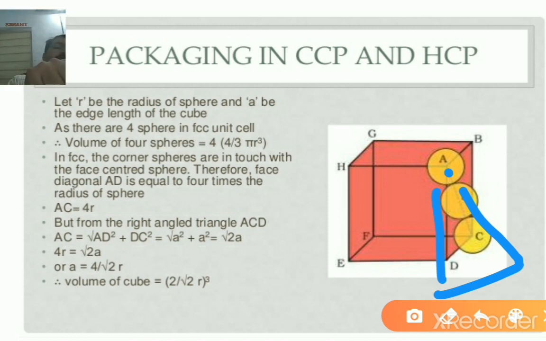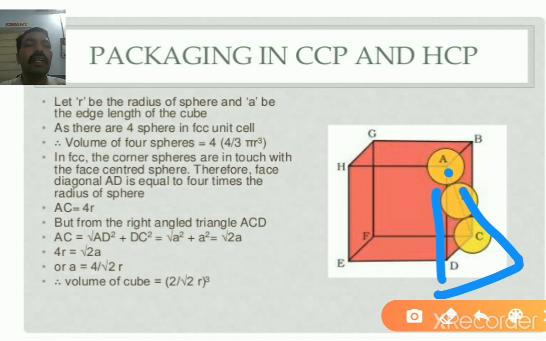Let the edge length be a. That means AC square is equal to a square plus a square, which is 2a square, and AC is equal to root 2 a.